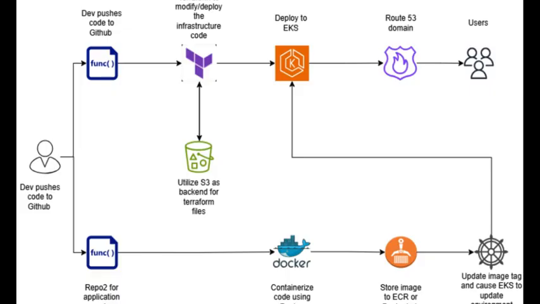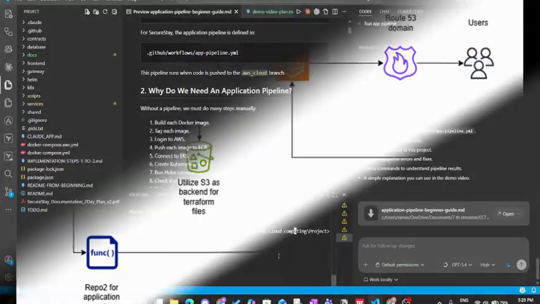Next, Helm deploys services to EKS, verify checks rollout status and service endpoints, and rollback provides recovery if deployment fails. Together, these two pipelines automate both infrastructure provisioning and application deployment in a secure and cloud native way.